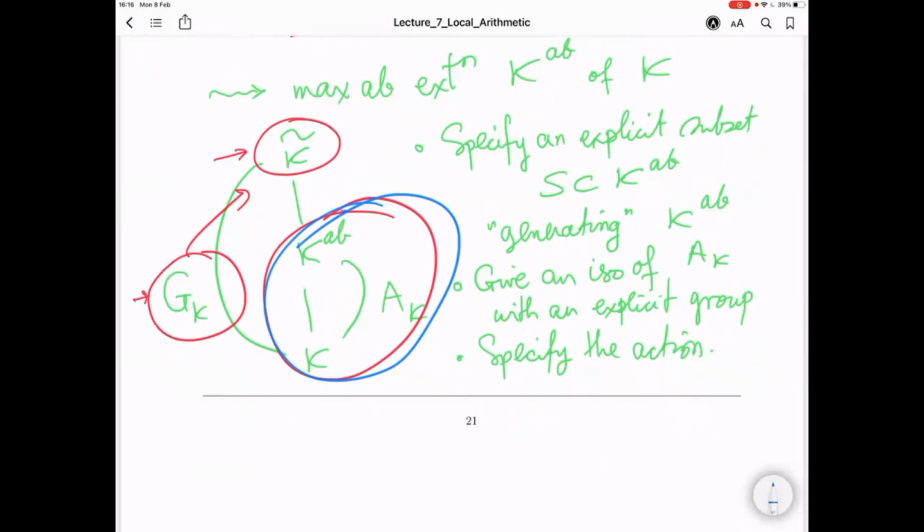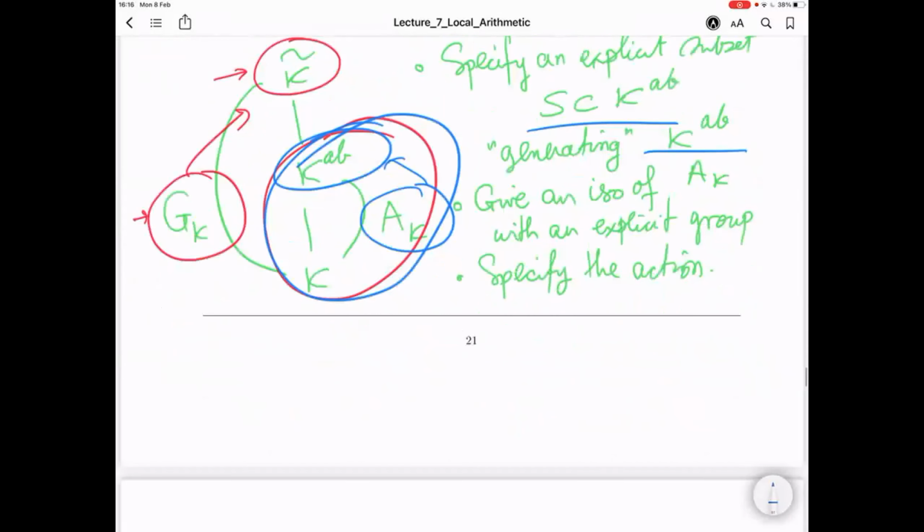The first problem would be, what is this K abelian? What is this group AK? And what is the action of AK on K abelian? In other words, you have to specify a subset which generates K abelian, and you have to give an isomorphism of AK with some known group, and then you have to specify the action of this known group on K abelian.